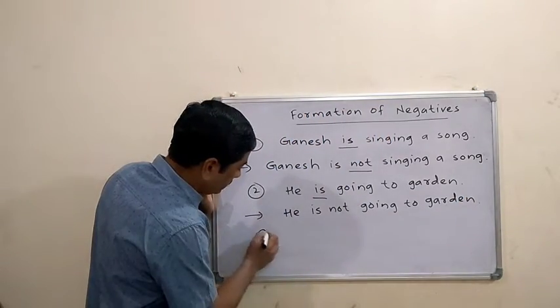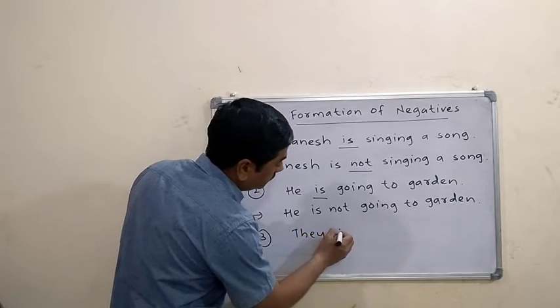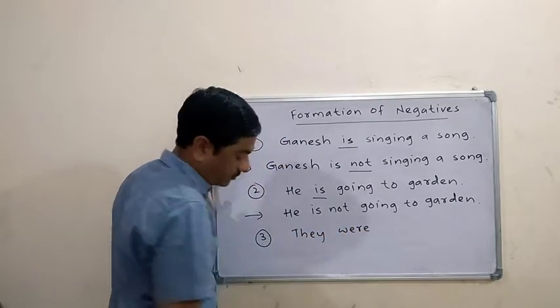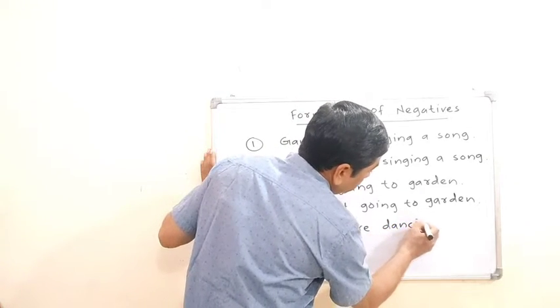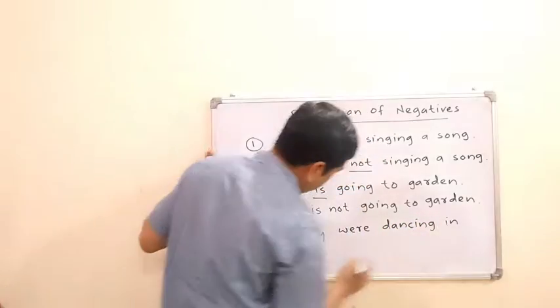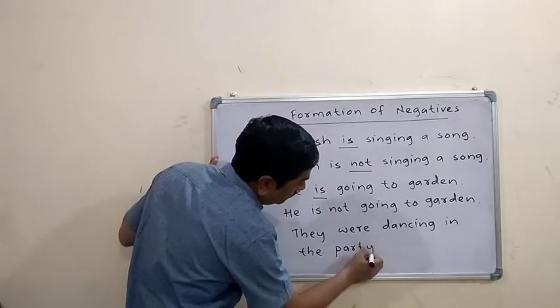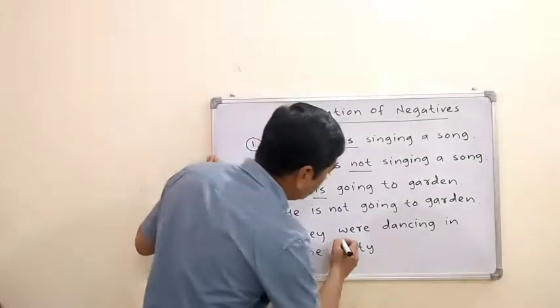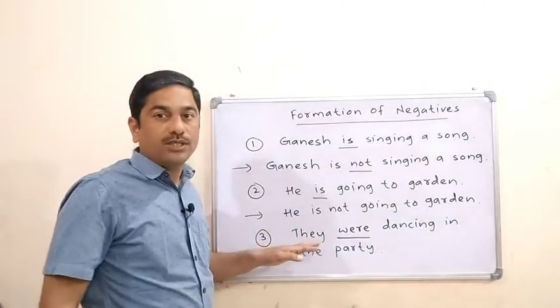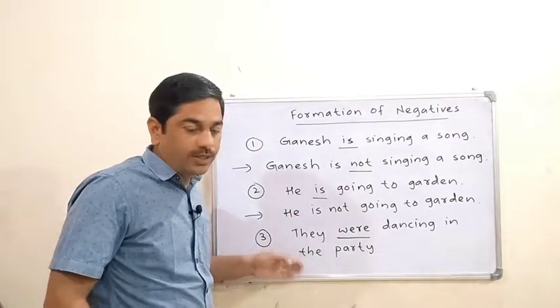See, they were dancing in the party. They were dancing in the party. So in this sentence, were is an auxiliary verb. You will just add not to change this sentence into negative.